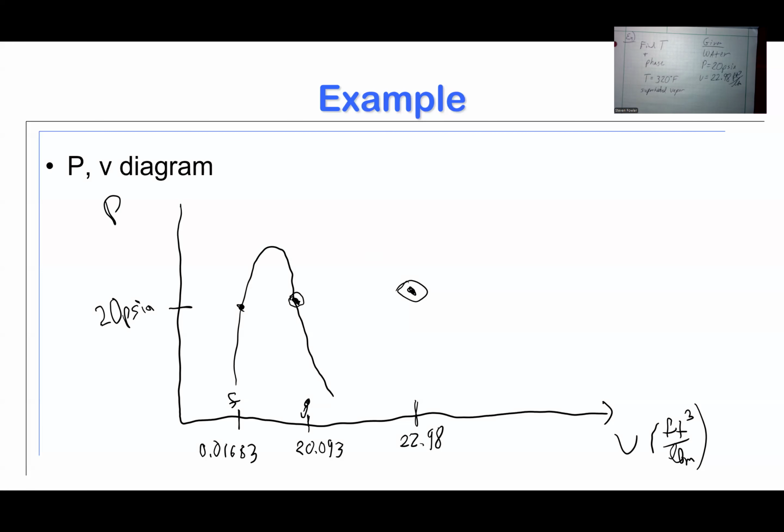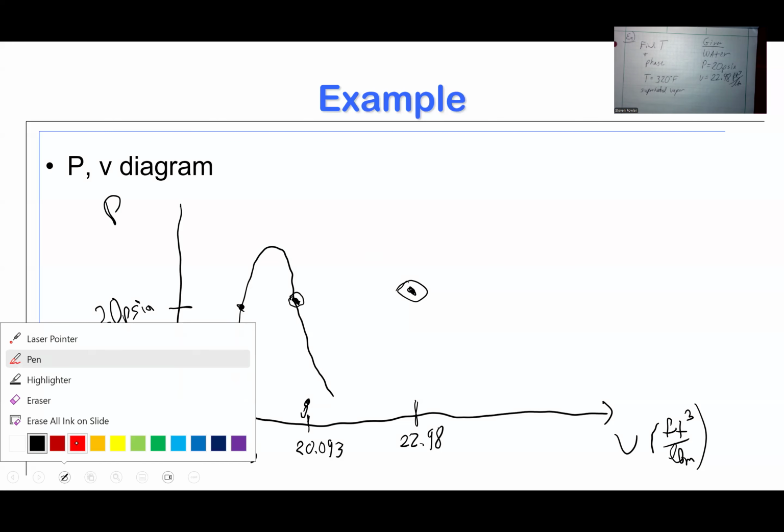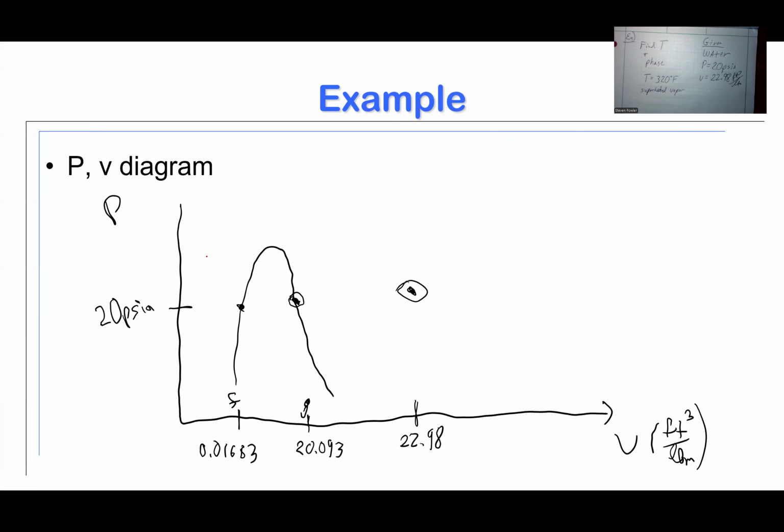Now, if you wanted to add lines of constant temperature in here, that's not too hard to do. Those are going to come down kind of like this, where I've got a line of constant temperature. This would be T equal to, we found earlier, 227.92 degrees Fahrenheit.